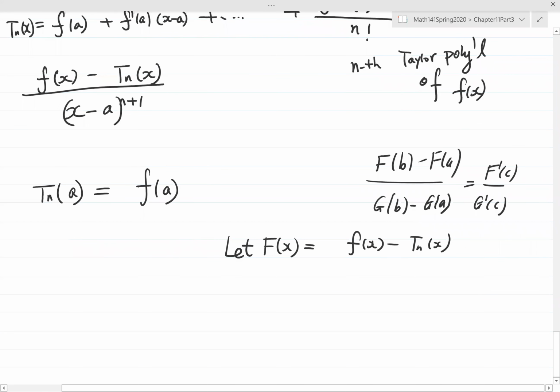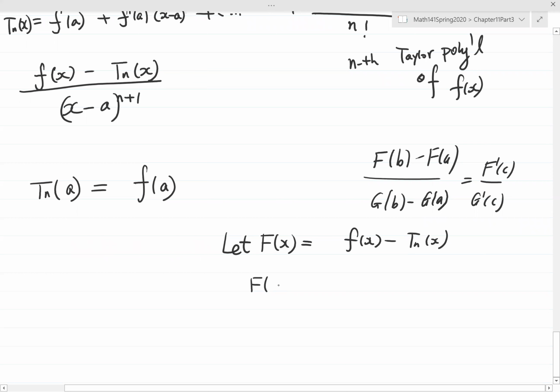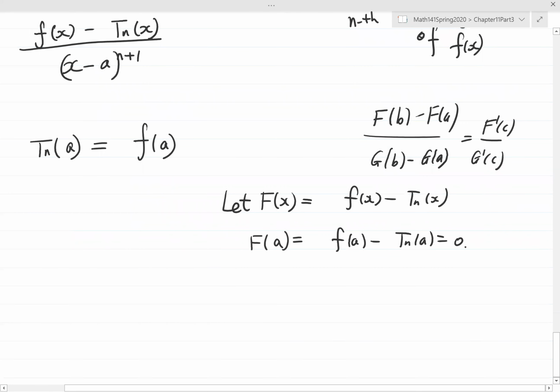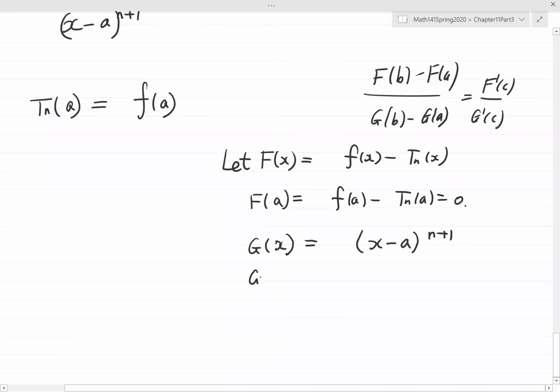You see, capital F at a will be little f(a) minus T_n(a), which is 0. Then we take g(x) to be (x minus a) to the power n plus 1. Then g(a), applying x by a, you get (a minus a) to the power n plus 1, which is 0.